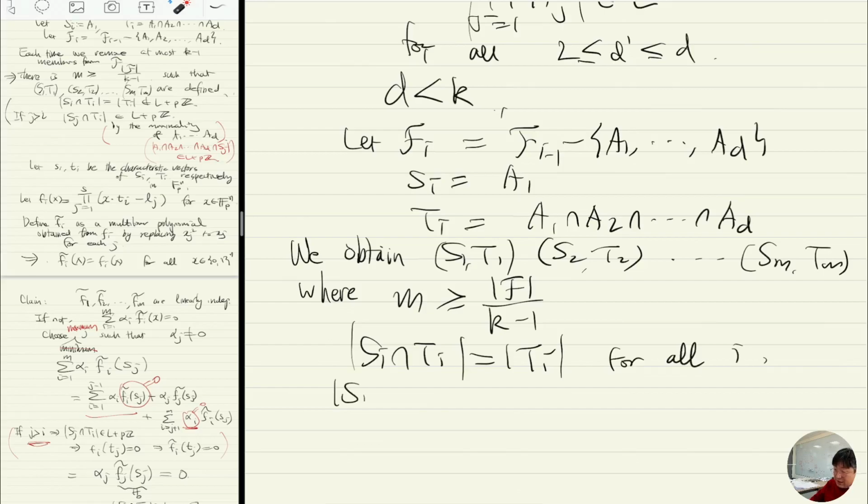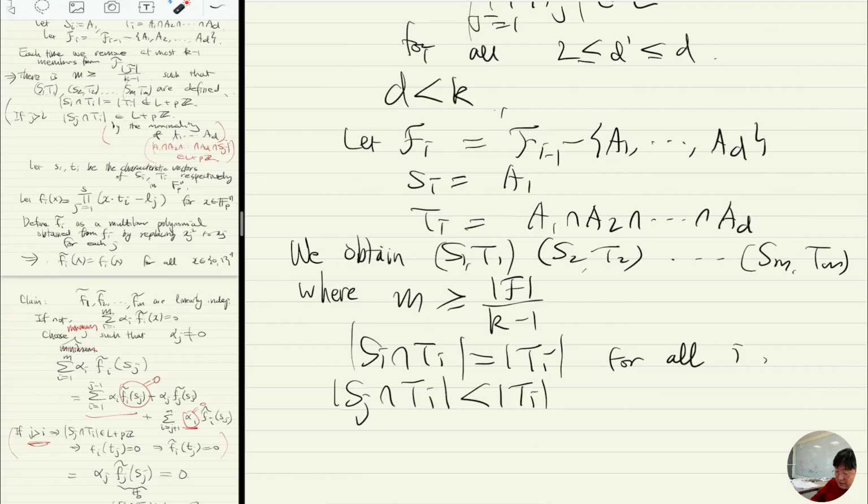And the cardinality of S_j intersection T_i, first of all, I know that this is strictly less than the cardinality of T_i because these two things are distinct.